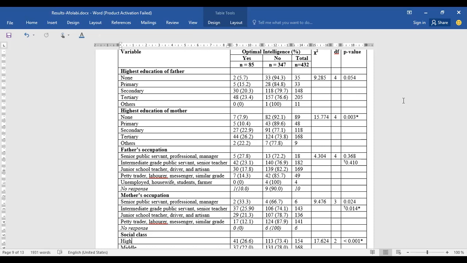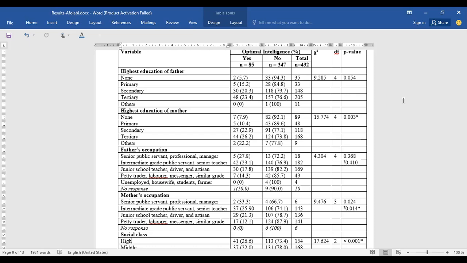Row total times column total, divided by grand total. For the cell that has 0, the row total is 4, the column total is 85.